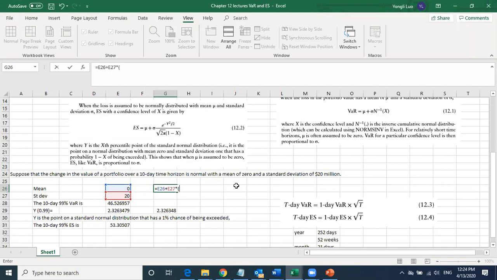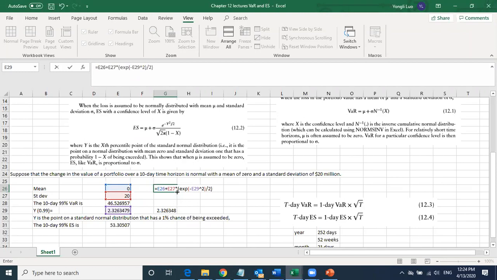Numerator: exponential, raised to the power negative y squared, and then the whole thing divided by 2.